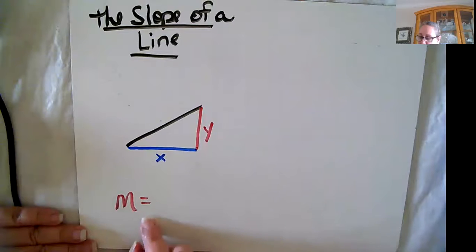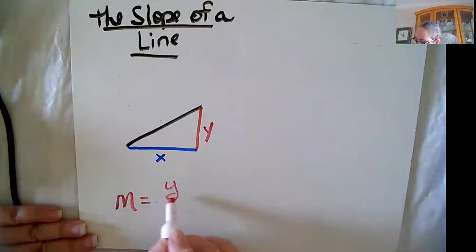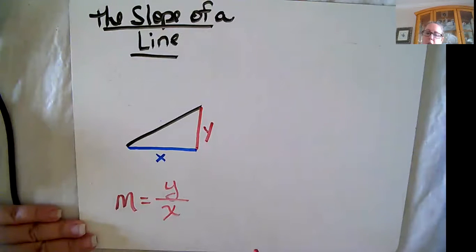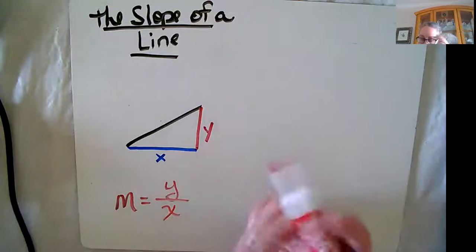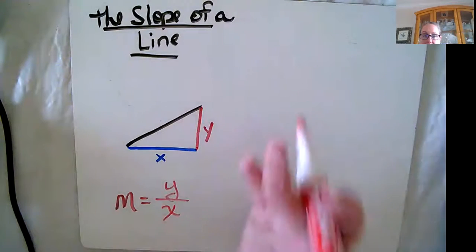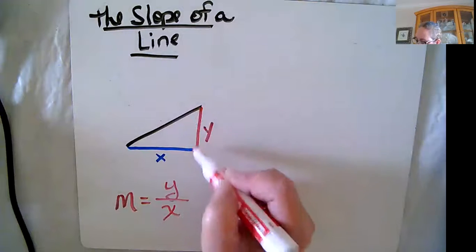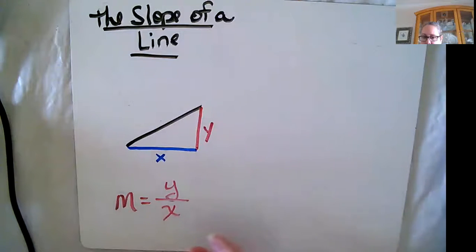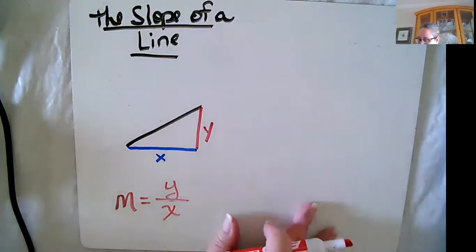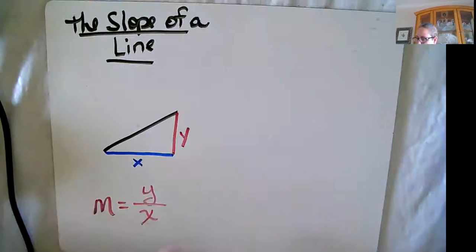And then the slope is represented as the y in your numerator over the x. So if you have a line itself on a graph, you can count how much in the y direction and how much in the x, set it up as a fraction, and you'll get the slope. That's the first method.